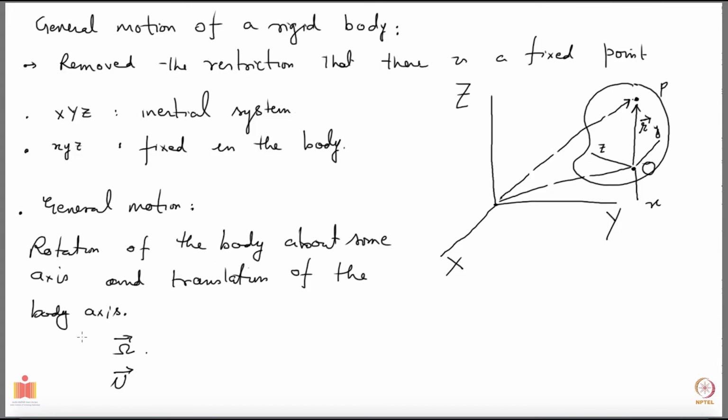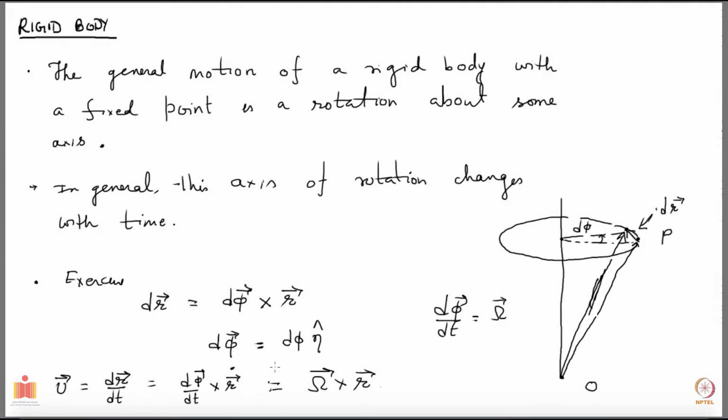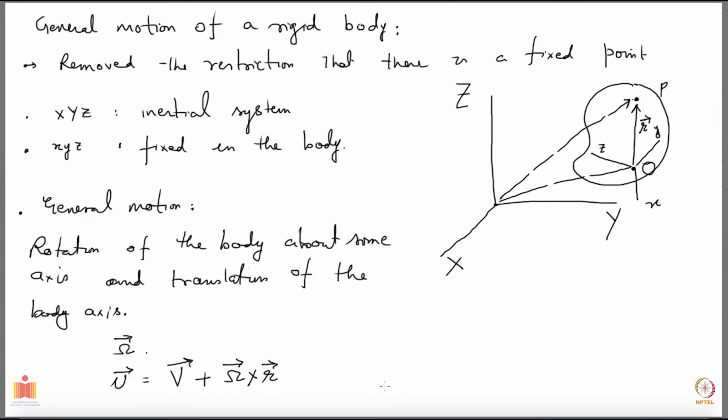Which gives you the velocity v, which will be given by the velocity of the origin, which I call capital V, plus the rotation of this entire system, which I have said has an angular velocity omega, and then as I saw a minute ago, it has to be crossed with r. So that's what the velocity of any point P would be in the system.